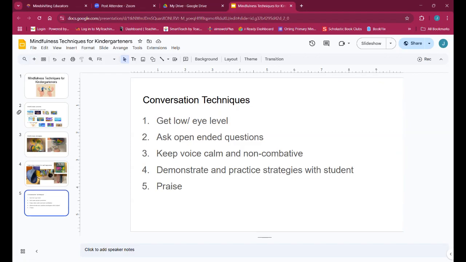Don't feed answers. So not asking, I know that you're angry, but being like, you seem to have big emotions. How would you describe your feeling? And leaving it open for them to fill in the blanks and to talk themselves through what they might be feeling and going through. Always keep a voice calm, non-combative.